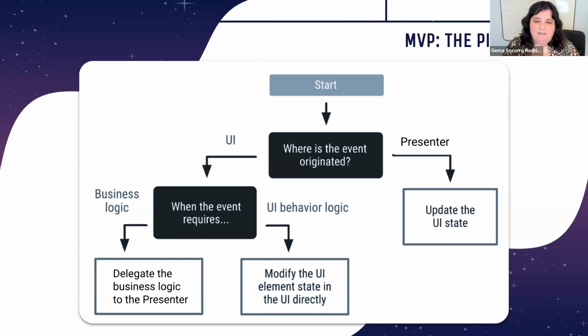For example, imagine that you receive in your presenter that your user location has changed, so you will update the UI state saying that it has changed. If I have an event originated from the UI, I will take a decision depending on what the event requires. If it requires business logic, it will have to go through the presenter.